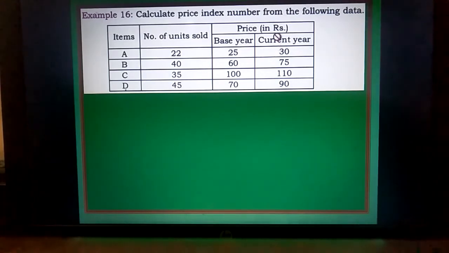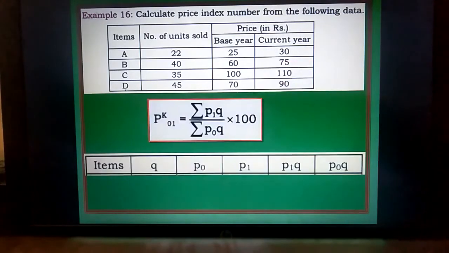So once P0 and P1 values are given with number of units sold as the weights, which is fixed, like a fixed weighted index number, which is nothing but Kelly's index number, may have to be calculated. Kelly's price index number is a suitable index number for this.